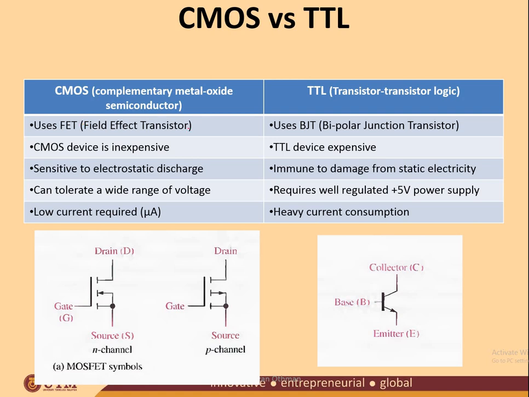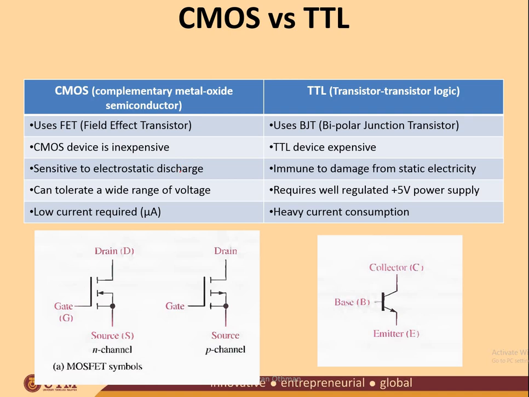You guys can search on Google to know about what is a field effect transistor, or check the module. CMOS devices are inexpensive. Oh sorry, TTL uses bipolar junction transistor. Cost wise, TTL is expensive, CMOS is cheaper.